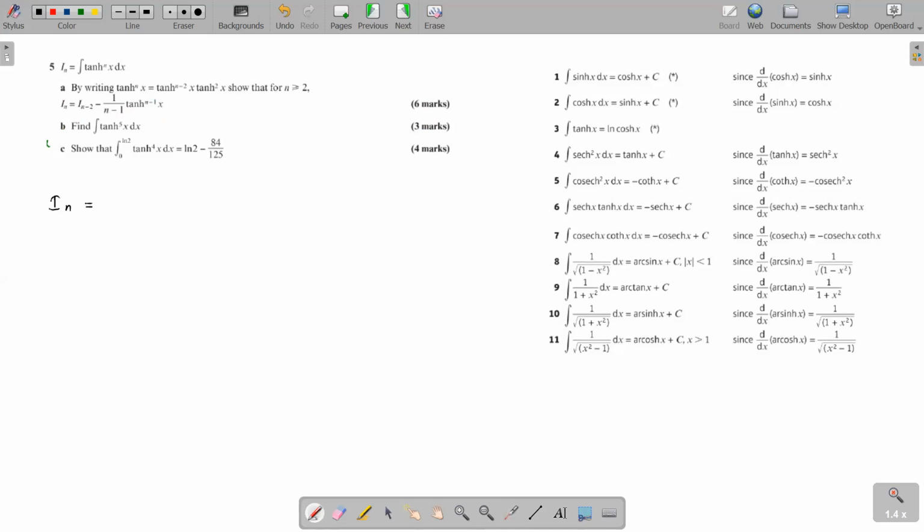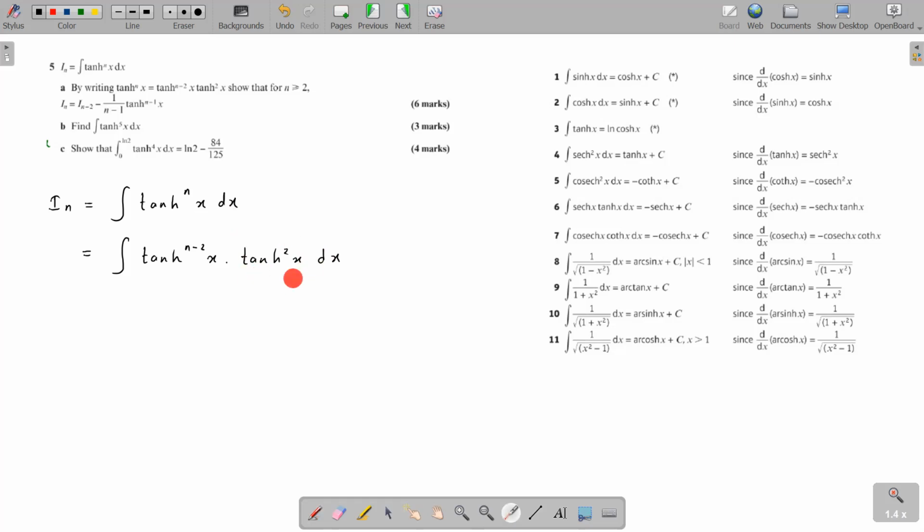In is the integral of tan to the power n x. The question itself has told us to break it, so tan to the power n minus 2 x into tan square x. Why are they telling us to do it like this? Maybe we can use integration by parts. But when you try to use integration by parts here, first of all, we have tan square x.